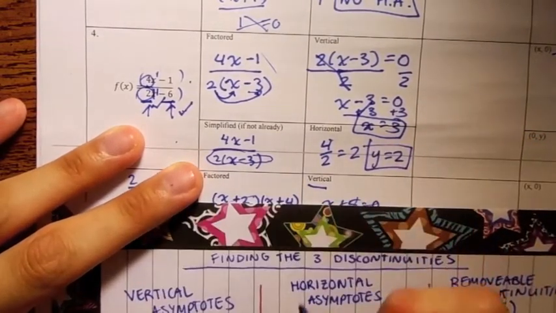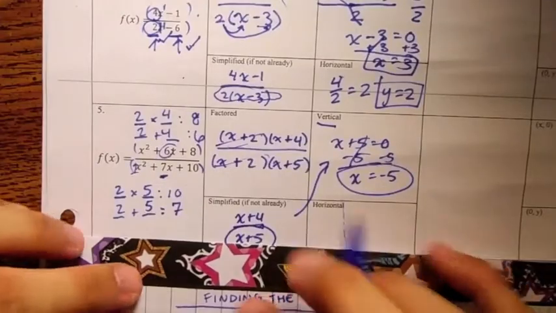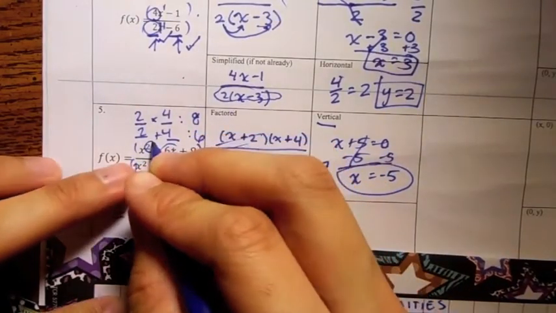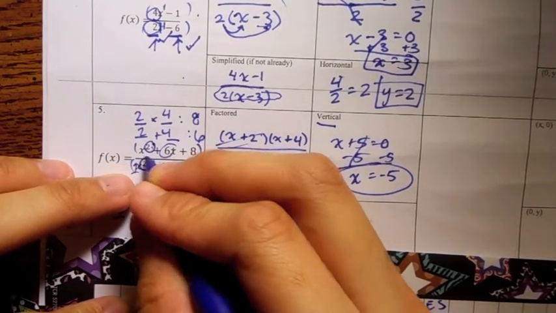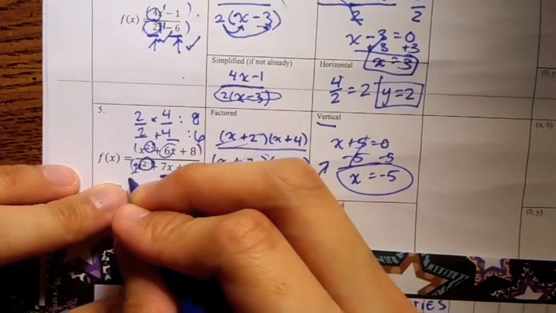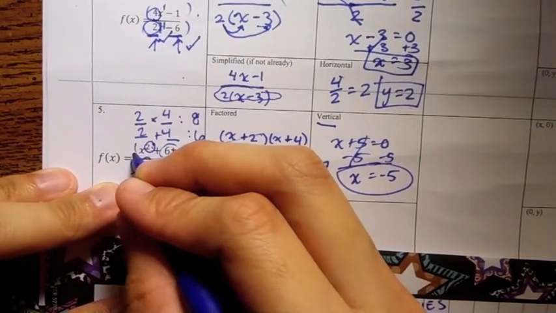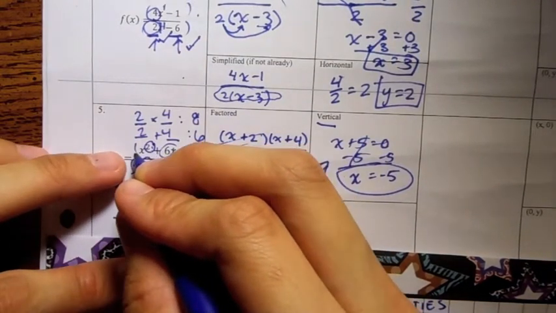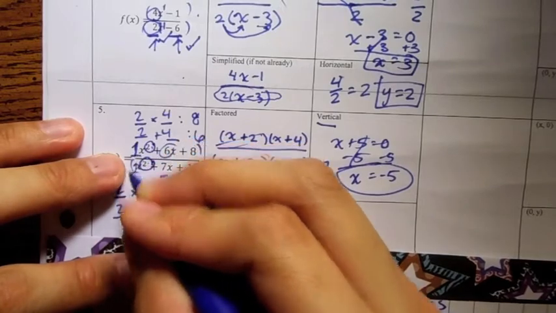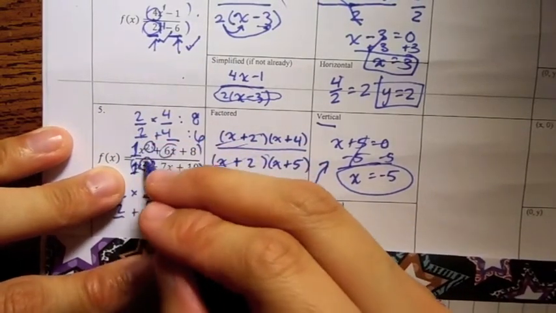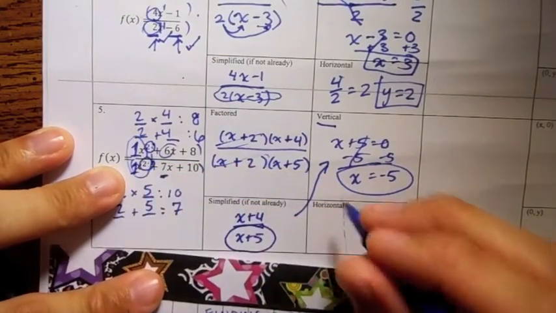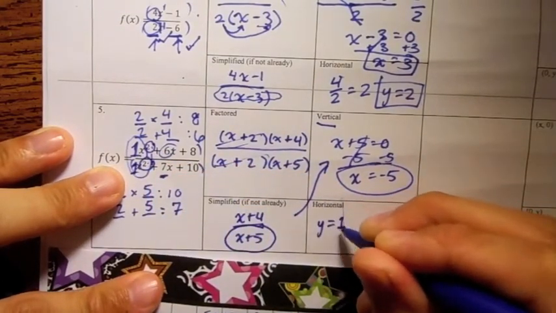And that will be your horizontal asymptote. Number 5, the highest degree here is a 2, and the highest degree here is a 2. They are equal, so again, I take the coefficients of each and simplify them. The coefficient, or the number that's supposed to be in front of this variable, is a 1. Same thing here, it's a 1. 1 divided by 1 is 1. Y equals 1.